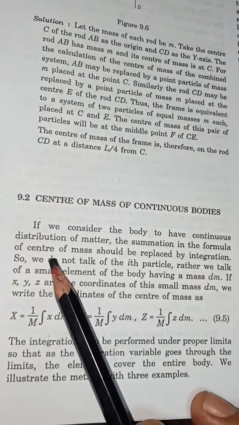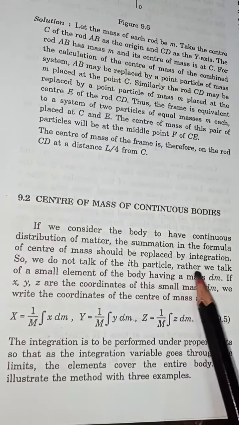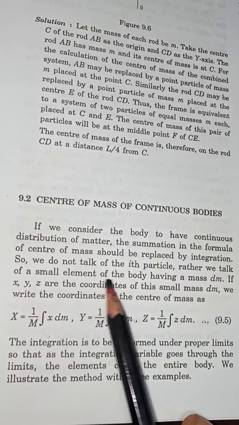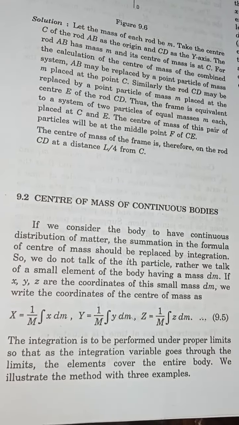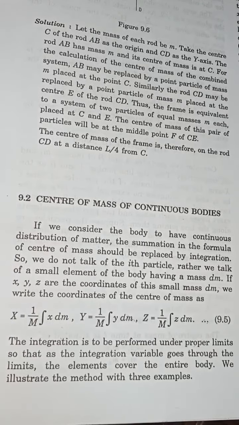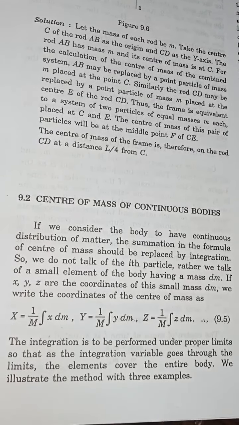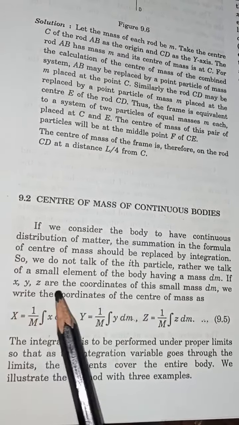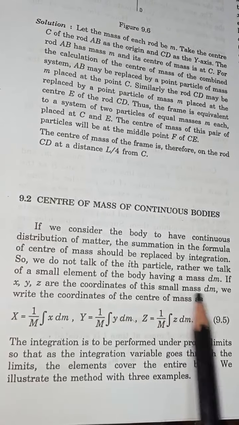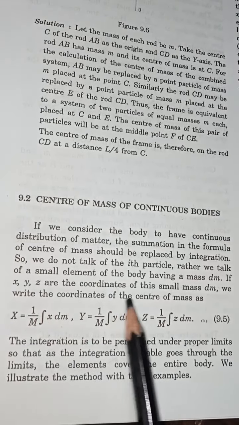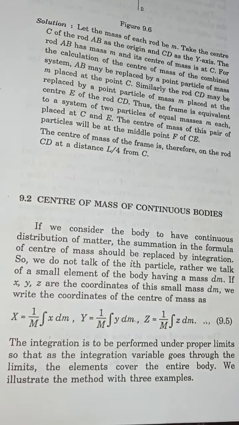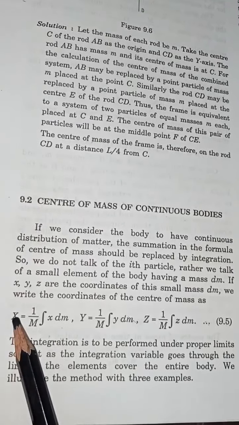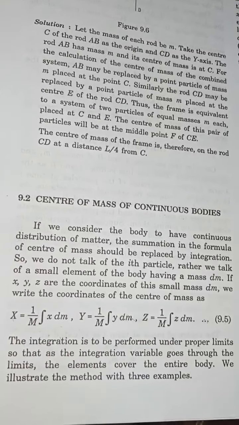So he is saying that we do not talk about the ith particle, rather we talk about a small element of the body having a small mass dm. So I will take the small mass dm, at its x, y and z coordinates accordingly. If x, y and z are the coordinates of this small mass dm, then we write the coordinates of the center of mass like this. So I can write the position of the center of mass along the x, y and z axes.